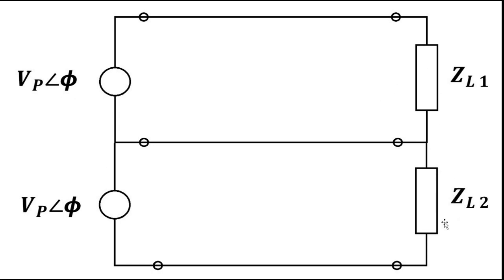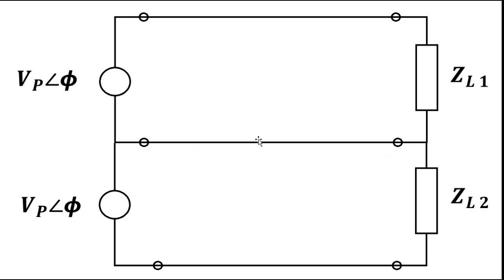We have two loads, resistive, inductive or capacitive depending upon requirement. We have a pair of transmission lines, each connecting one end of either voltage source to the loads, and another line which is taken from the common point from the voltage side to the load side.